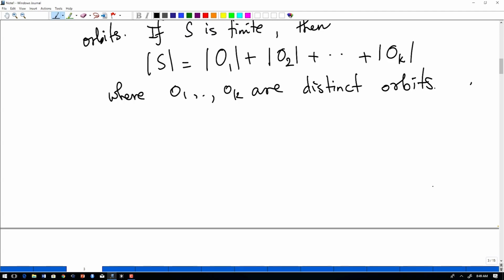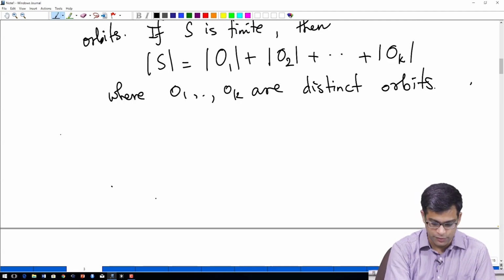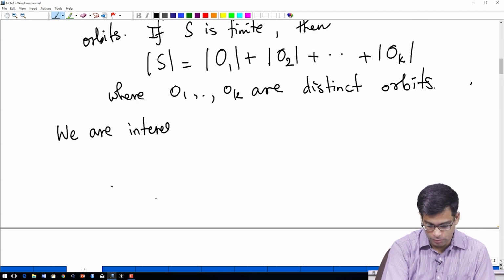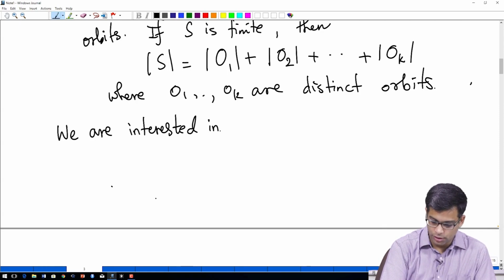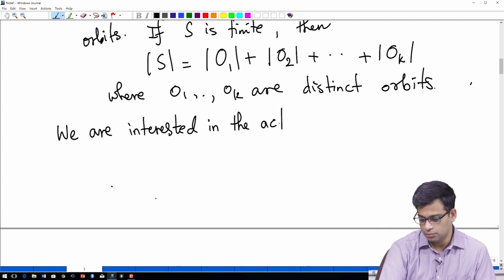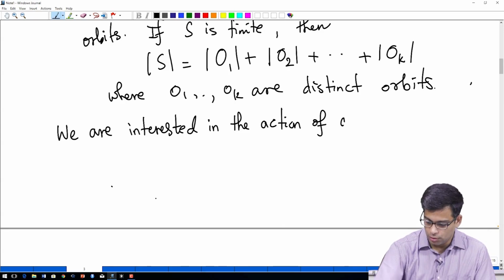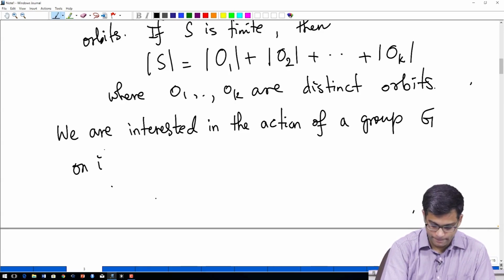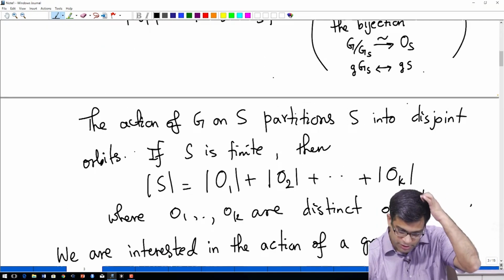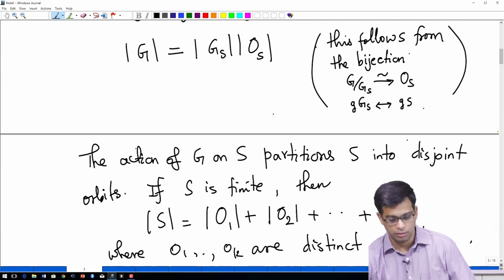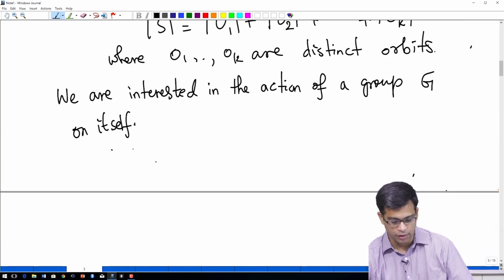The most important actions for us in the context of Sylow theorems are the action of a group G on itself. Remember that the two equations that I recalled for you are general statements. Whenever a finite group acts on a finite set S, they hold.